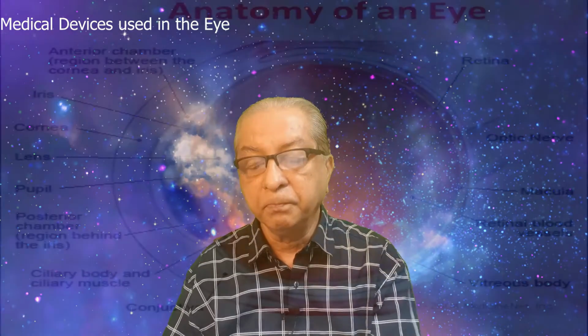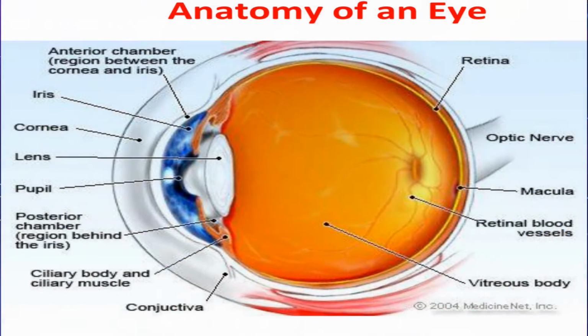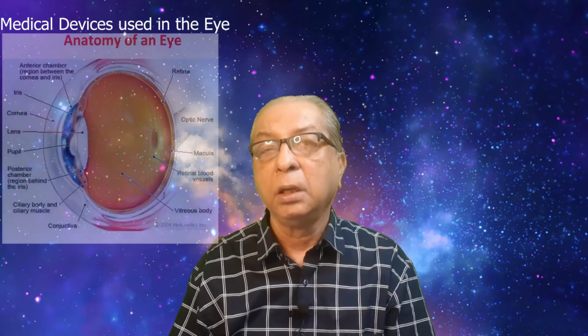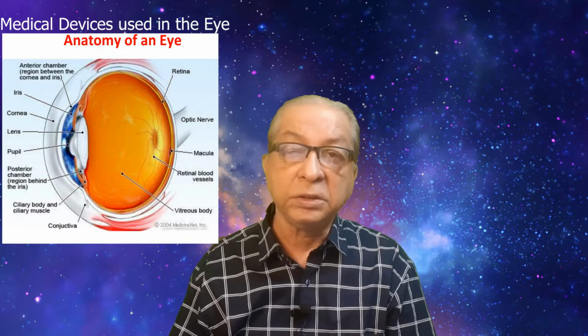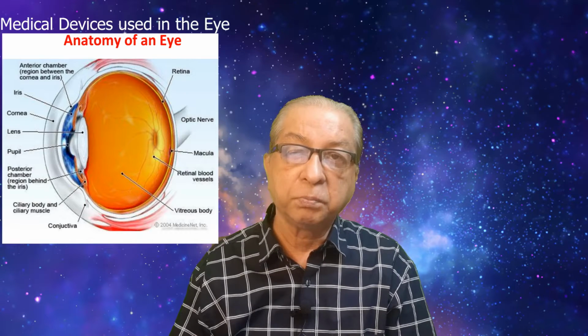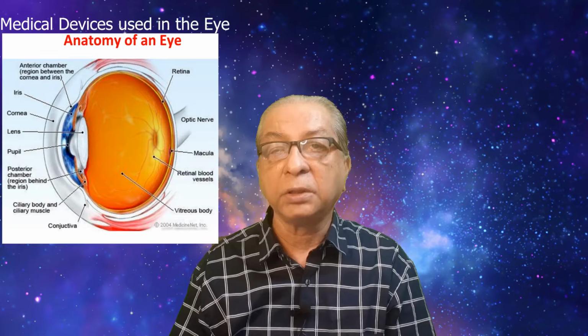Now let us go to the eye as a medical device. You look at the anatomy of the eye and you can understand that there are so many parts, and each part is going to be important.